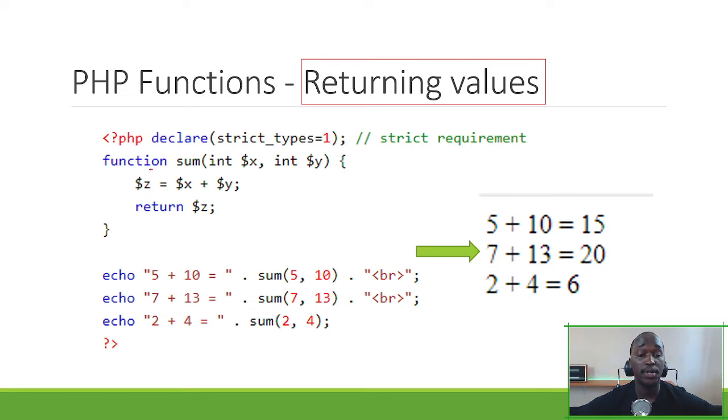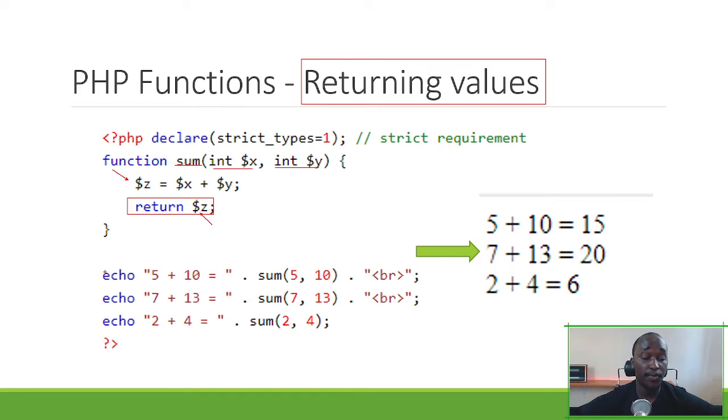You can see here, we have a function called sum. We've declared two integer arguments, int x and int y. Then we are summing them here and storing the result in another variable, a local variable z. Then we are returning z. This is what we call the return statement.